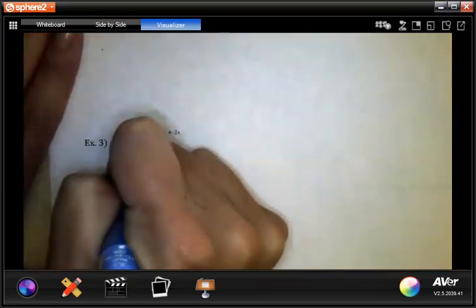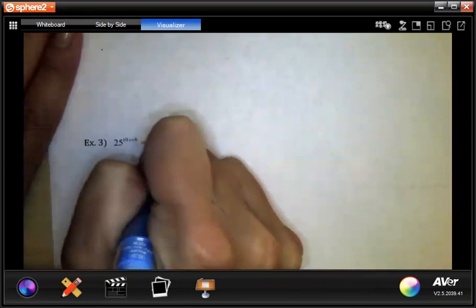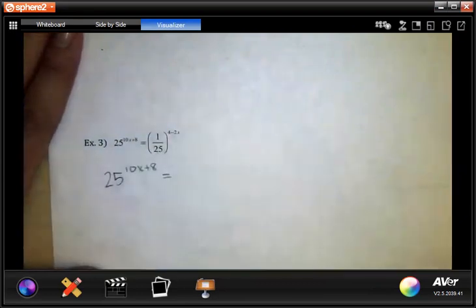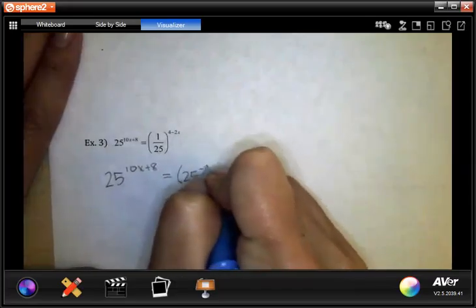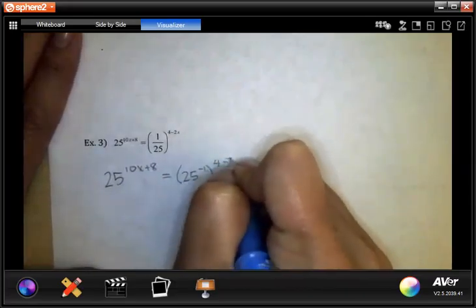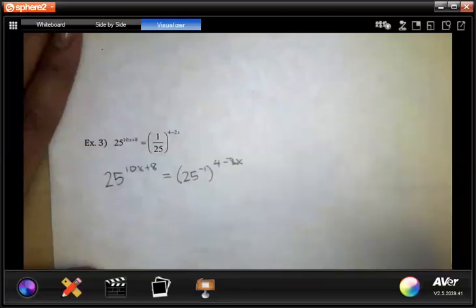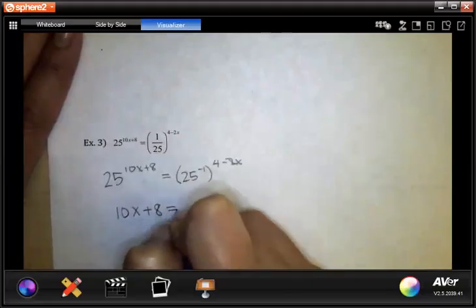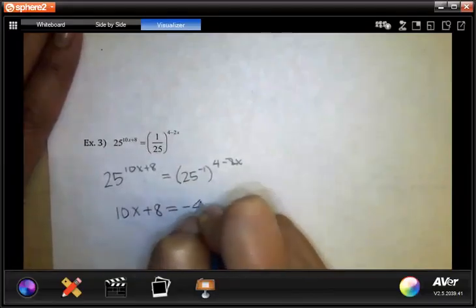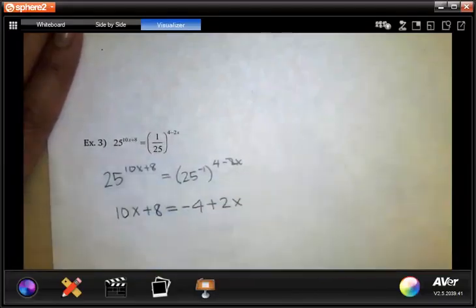So we get 25 to the 10x plus 8. I don't change it since it's already got that base. And then this one would be 25 to the negative 1 power. Now that they have the same base, 10x plus 8 would be equal to negative 4 plus 2x.